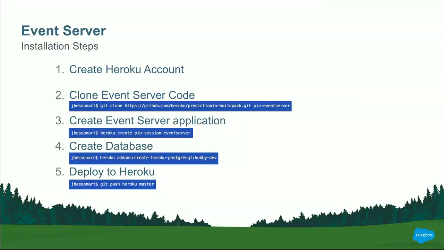Once you have that, you just clone the event server app using a simple command. Then once you have the code, you create the event server application, and then you create a database. All this information that you create will later be used to set up the engine. And then we just deploy that new application to Heroku.